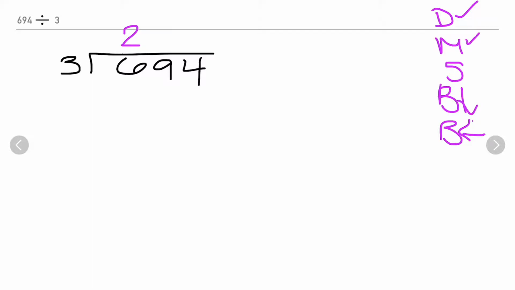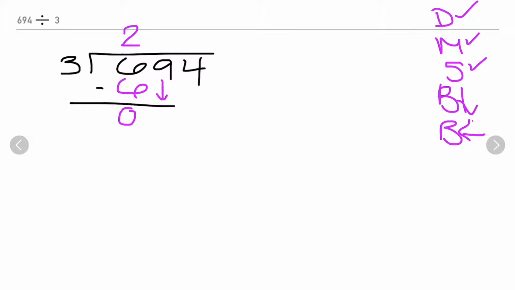That's right, multiply. 3 times 2. Good job. What comes next? That's right, subtract. 6 minus 6. Easy peasy. Bring it on down and bring it on back.